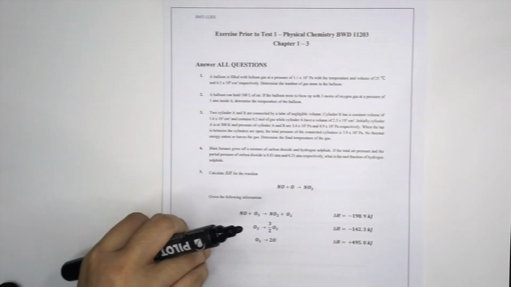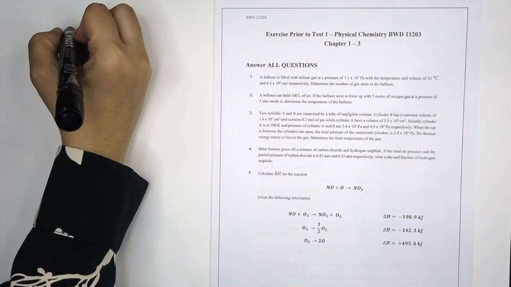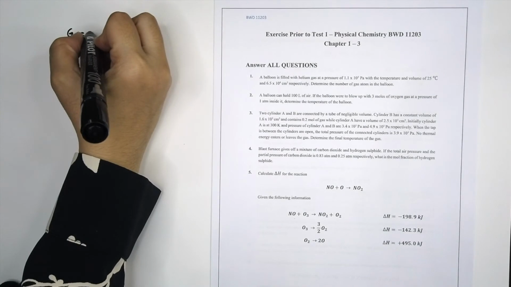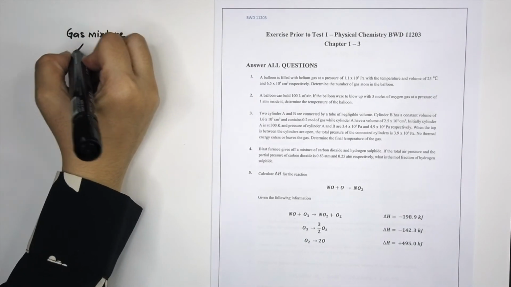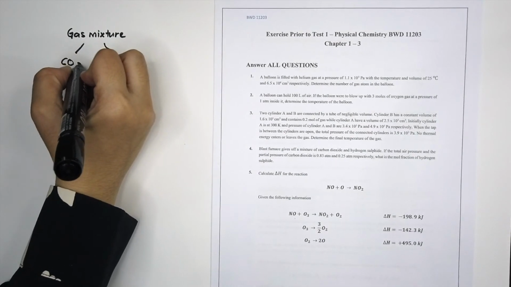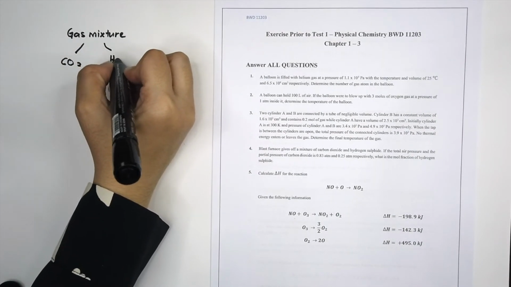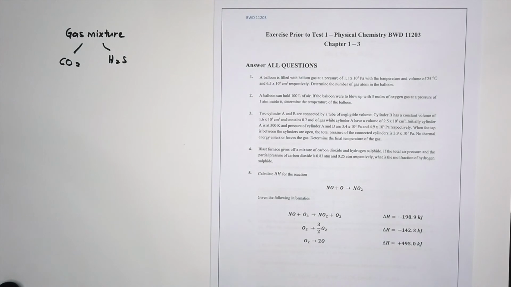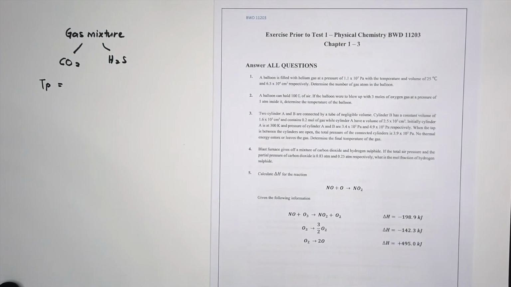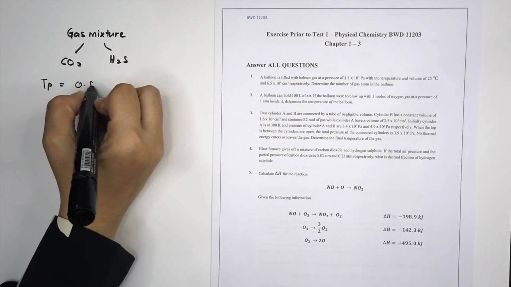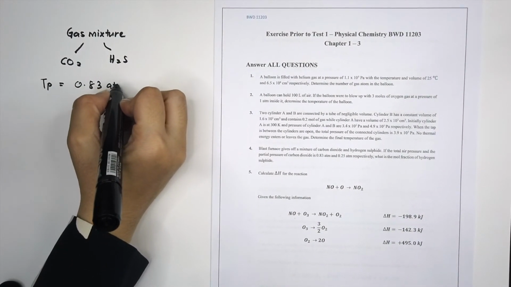So what you can do is that we have this gas mixture. We have carbon dioxide and also hydrogen sulfide. The total pressure given in the question is equivalent to 0.83 atm.